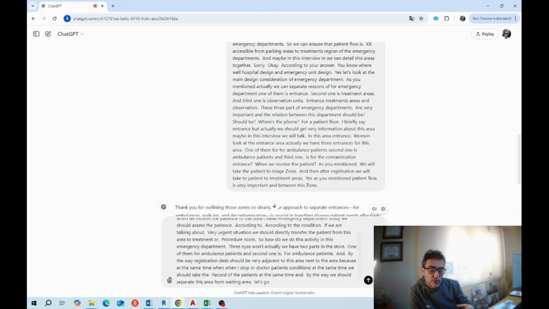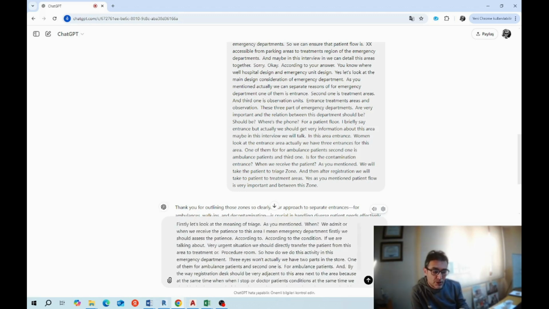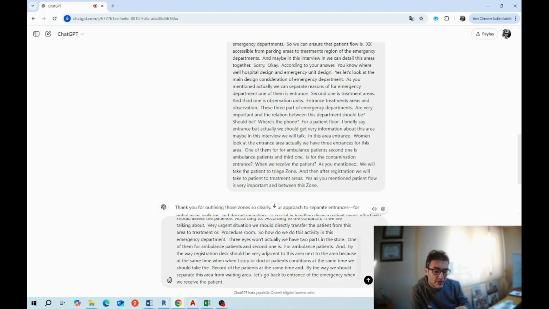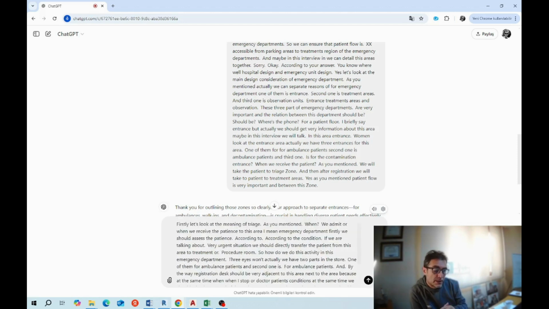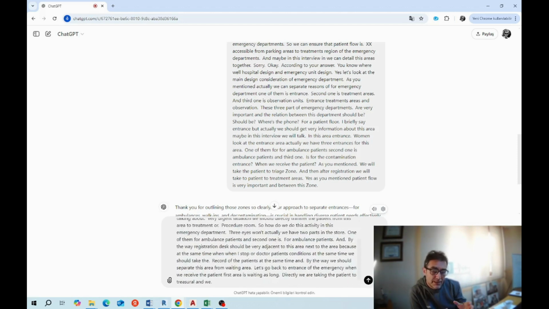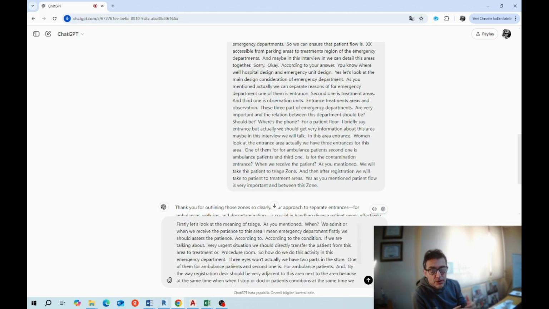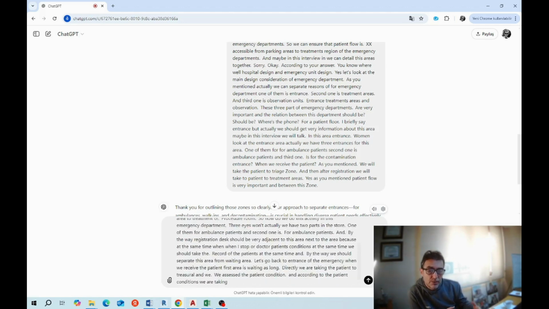Let's go back to the entrance of the emergency. When we receive the patient, the first area is the waiting zone. Directly we take the patient to the triage zone, and we assess the patient's condition, and according to the patient's condition, we take the patient from this zone to treatment areas.